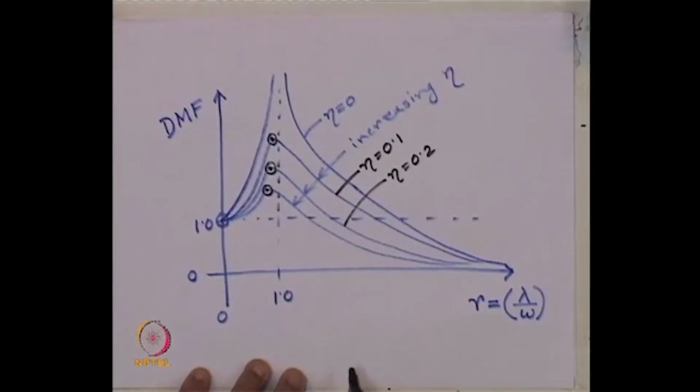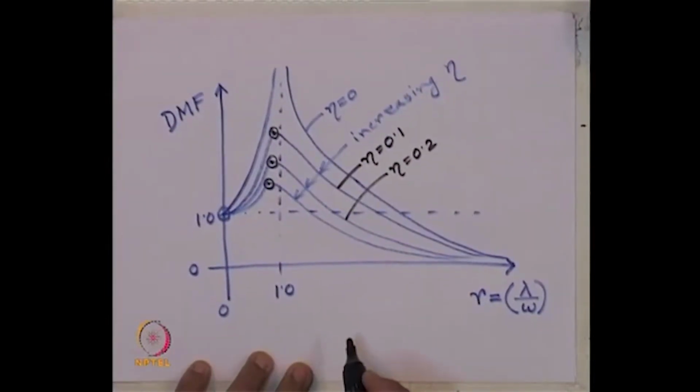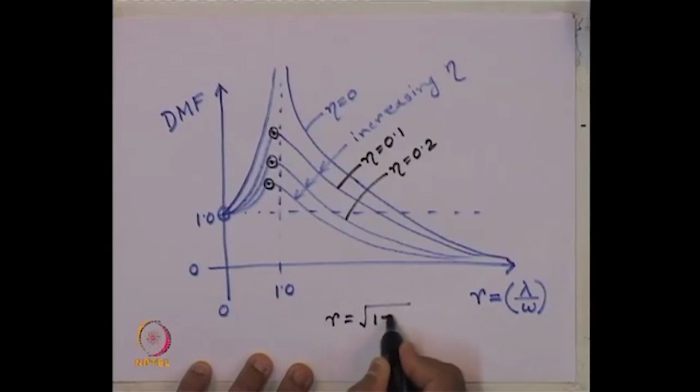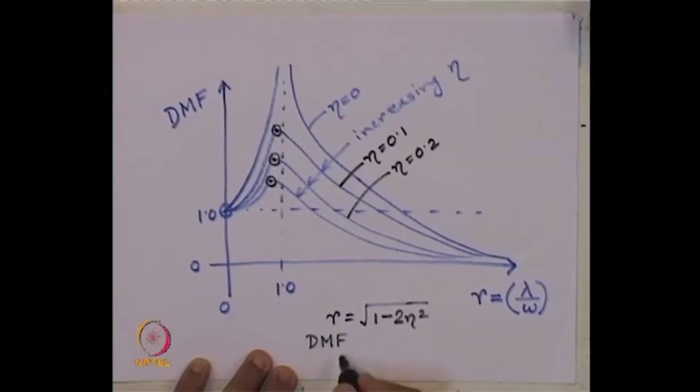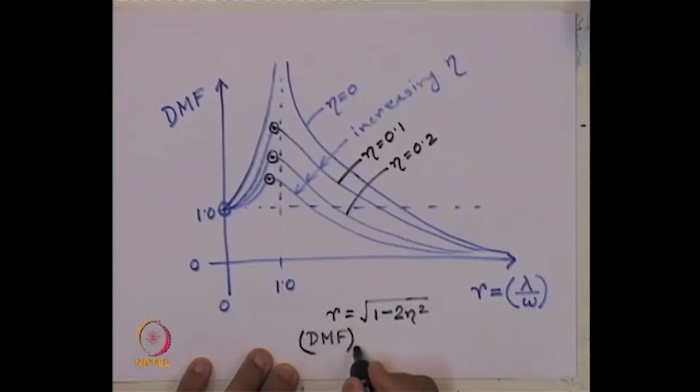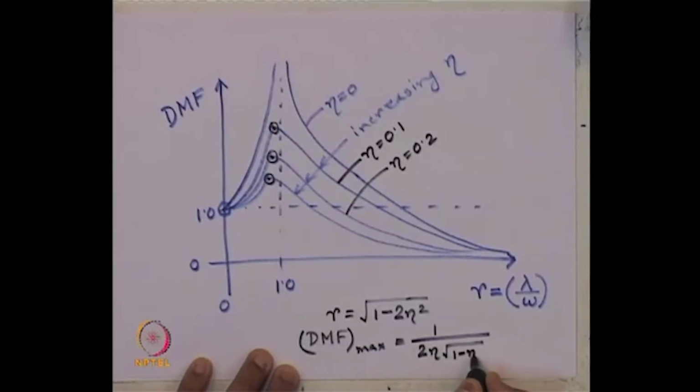The value of r where DMF is maximum is r equals root over 1 minus 2 eta square, and that value of DMF max is 1 by 2 eta root over 1 minus eta square. That is the maximum value of dynamic magnification factor.